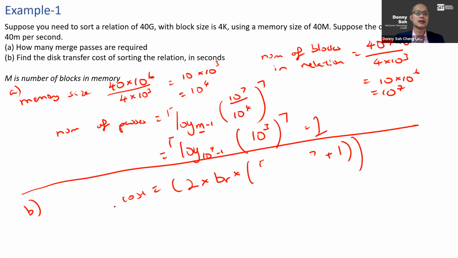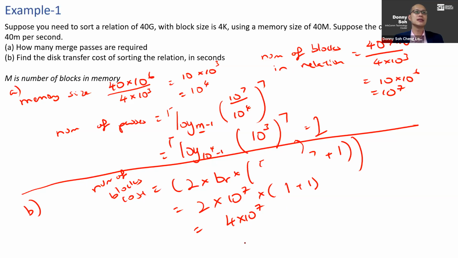So this is the number of blocks, which is equal to 2 times the number of blocks in the relation, 2 times 10 to the power of 7, times the answer on top, which is 1 plus 1, equal to, let's see, 4 times 10 to the power 7. Okay, so this is the number of blocks.